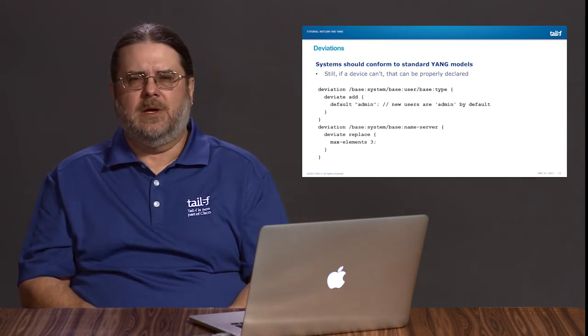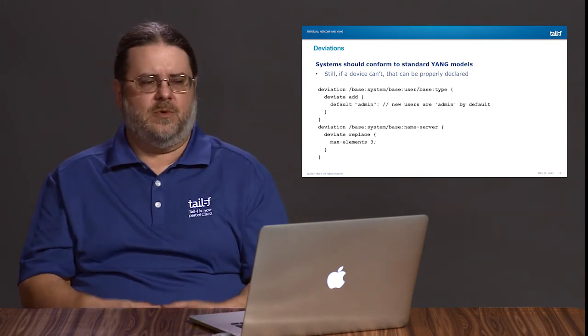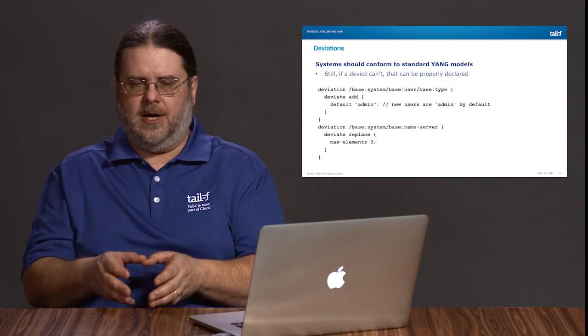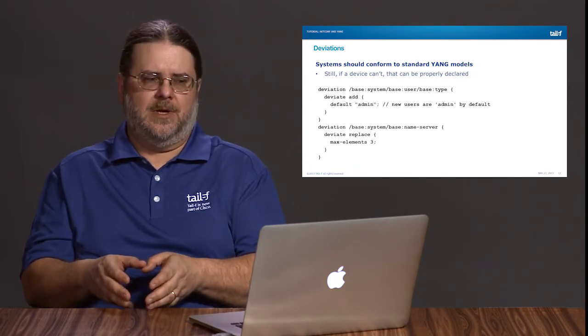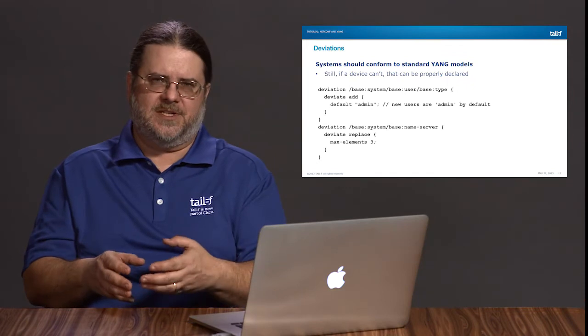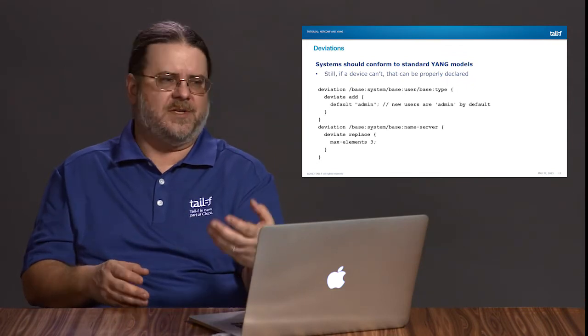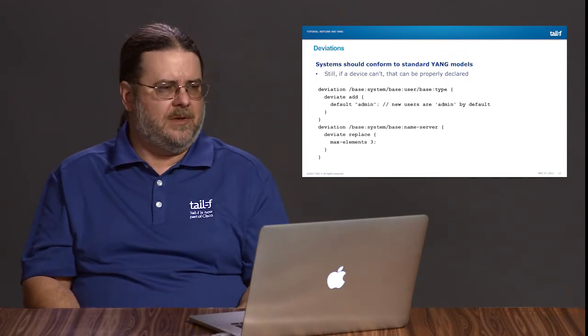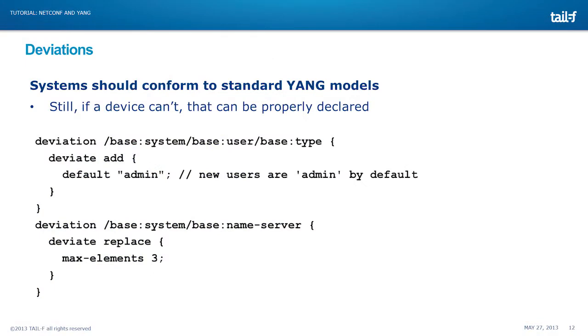Deviations. Yang has the ability for you to declare how my data model deviates from, or how my system deviates from a standard data model. So if you've taken, say, the IETF standard interface model, but your system somehow deviates some from that model, you can use the deviation and deviate statements in Yang.